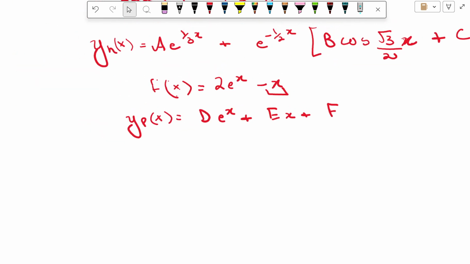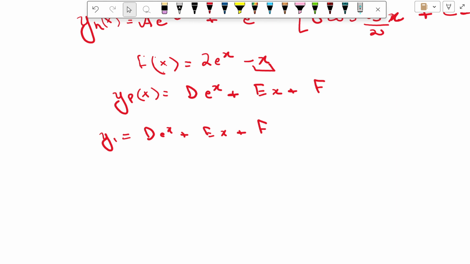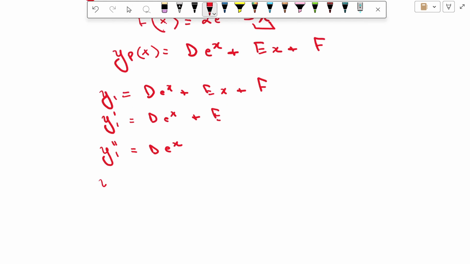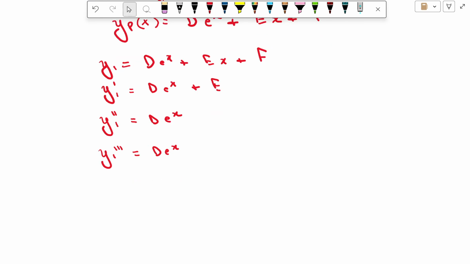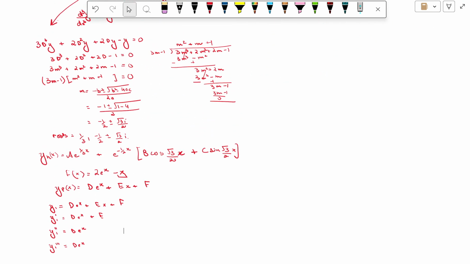So let's say a solution y1 is d e^x plus e x plus f, because it does satisfy the equation. Then its derivative is going to be d e^x plus e. The second derivative is going to be d e^x, and the third derivative is also going to be d e^x. Okay, and we just need to put it in our equation now.